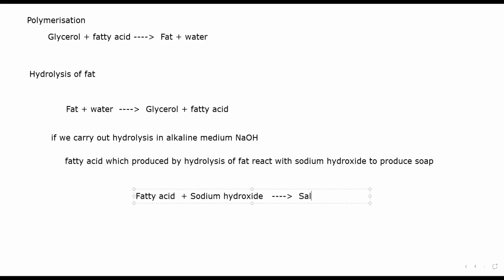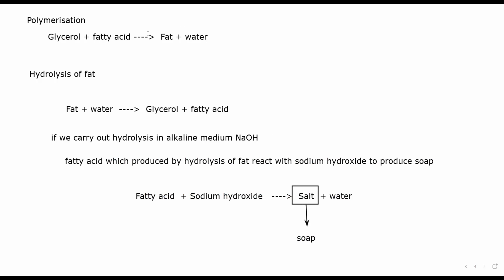So it will give salt plus water. But basically, what is this salt? This salt which is produced is a soap. It is different from normal salt because normal salt contains inorganic substances, but the salts of soap contain organic and inorganic, both parts are there.